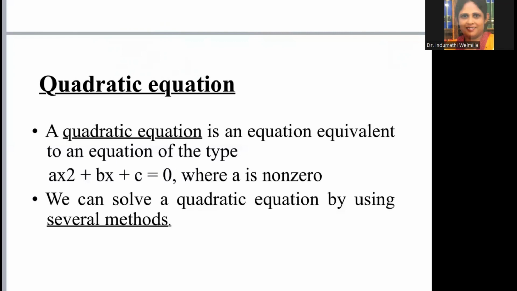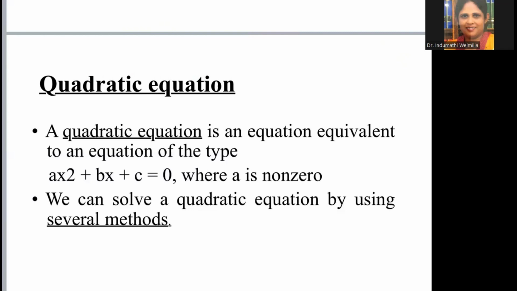But what does that really mean, and how do you recognize one? How can we recognize whether it is a quadratic equation or not? We just have to check whether the equation has a second power term or not. If there is a second power term, then we know it is a quadratic equation.